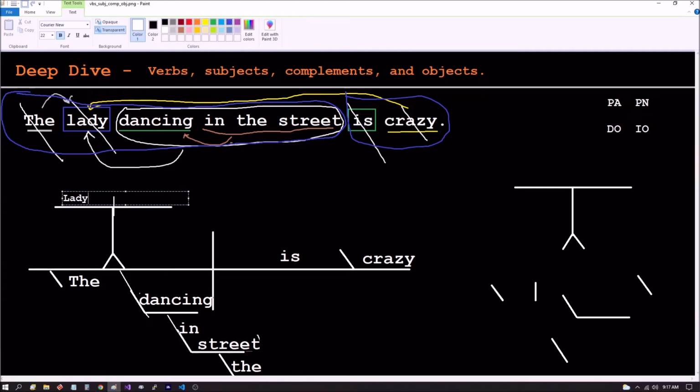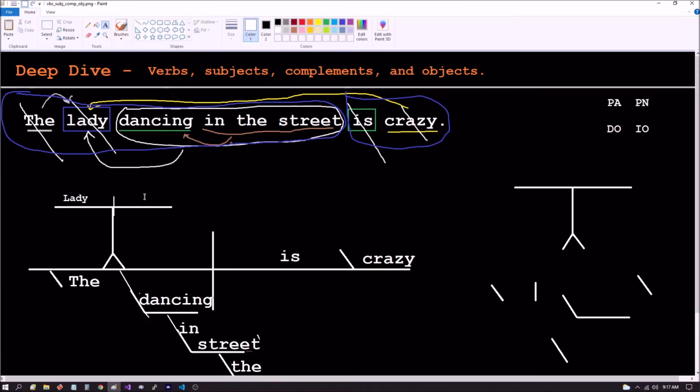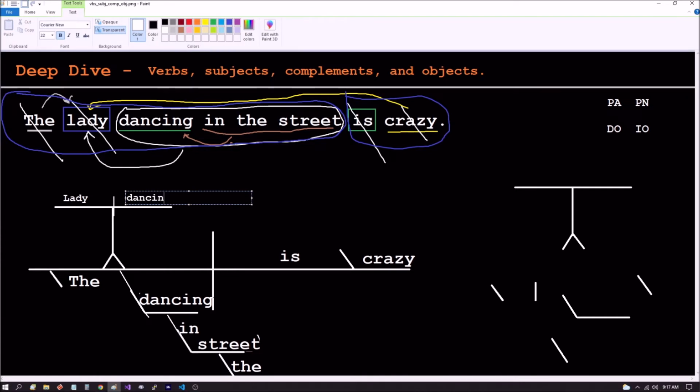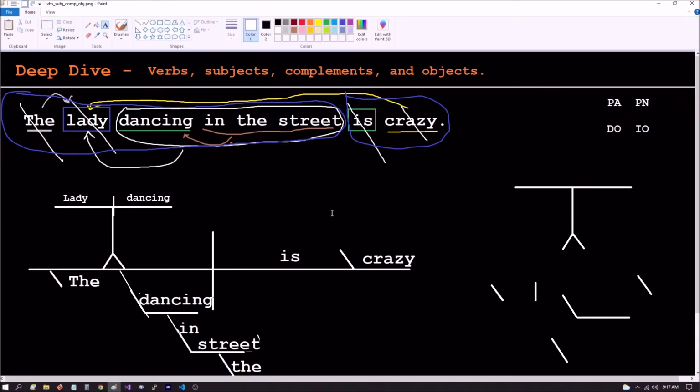So this would have over here, lady, because lady is the subject, okay? And then it would have dancing over here, right? And then underneath here on an angle, it would say in, and then it would say street, and then the under street, just like I did down here. So you wouldn't see all of this stuff down here. It would be up there.